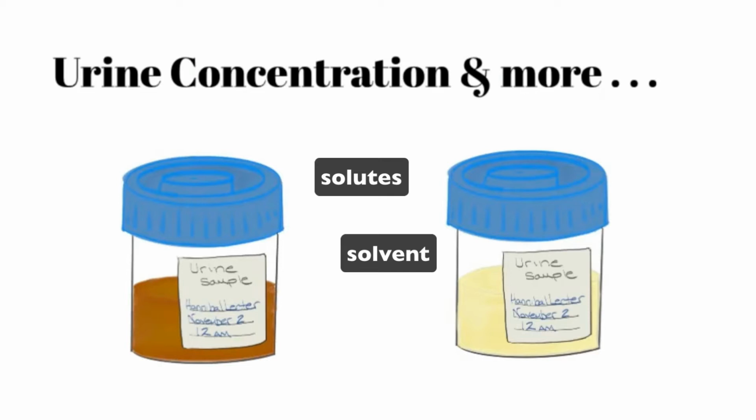And the ratio between the solute and the fluid, or the solute in the water, determines the concentration. So if we put in 2 scoops of Kool-Aid, then there is a higher concentration of solutes.